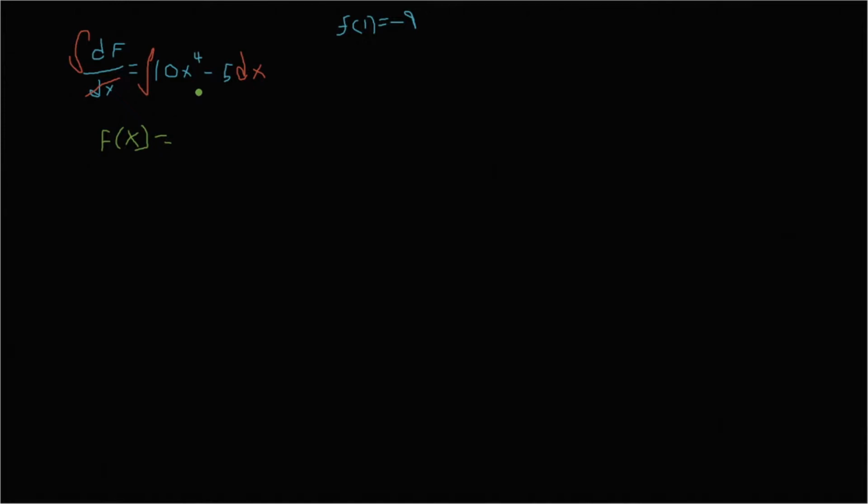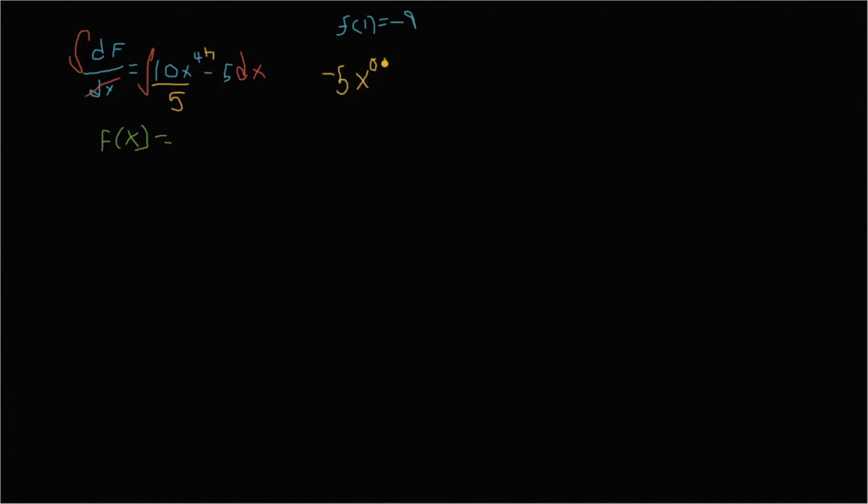Okay, that's pretty easy. And now we can just use our power rule, right? So we add 1 to the exponent. So 4 plus 1 is 5, and so we can divide by 5. And then we have an x to the 0 here, because this is negative 5 times x to the 0.